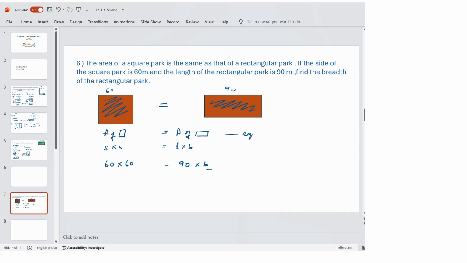So all right, implementing your algebraic knowledge, 60 into 60 by 90, because this is in the numerator, it comes here in the denominator on the other side, which is equals to breadth. Now at this point, I do not want you to do 60 into 60, make it 3600, and then divide it by 90.